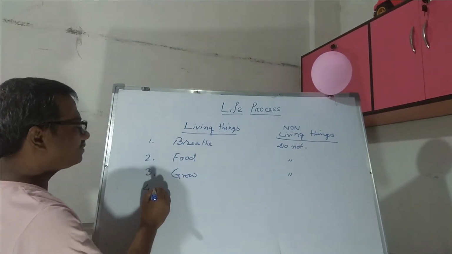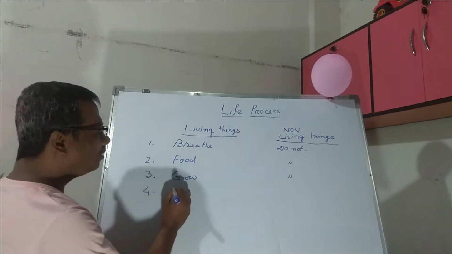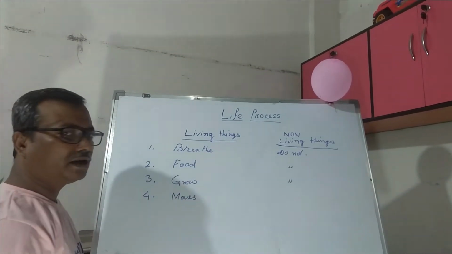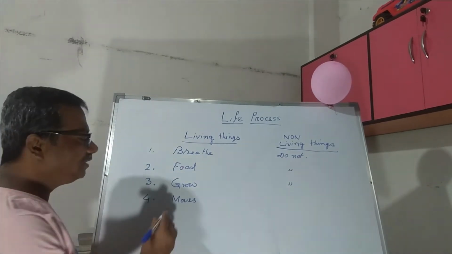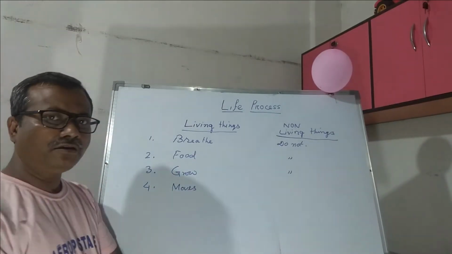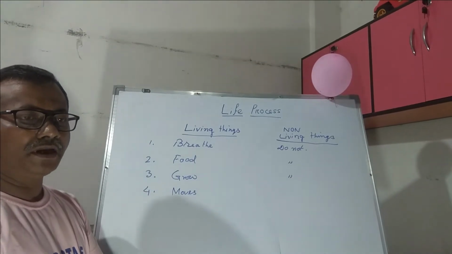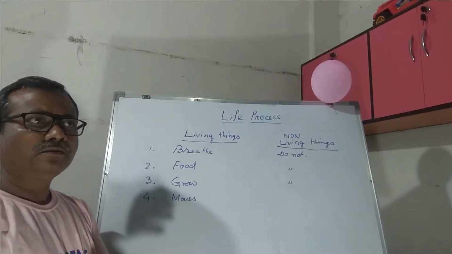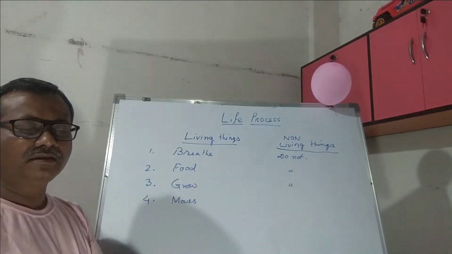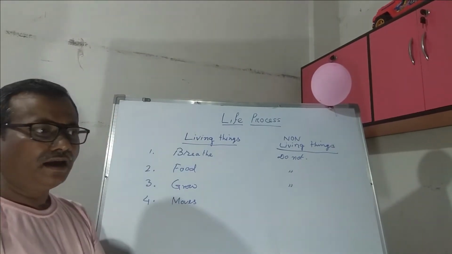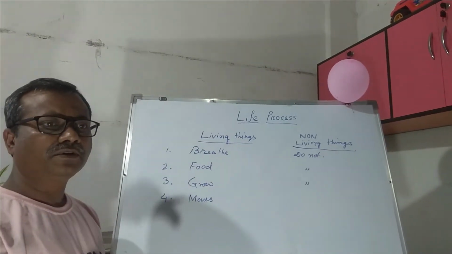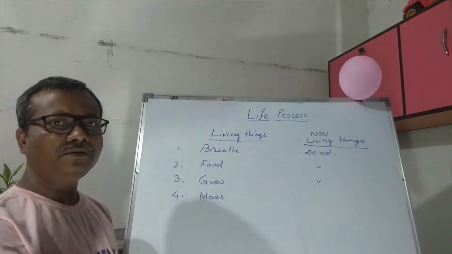Living things move from one place to another place. Some living things may not move from one place to another, like plants, but they grow towards the sun rays, towards the light, and floating plants also move from one place to another.